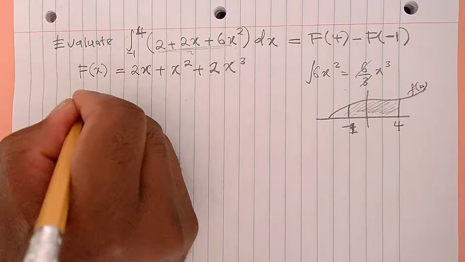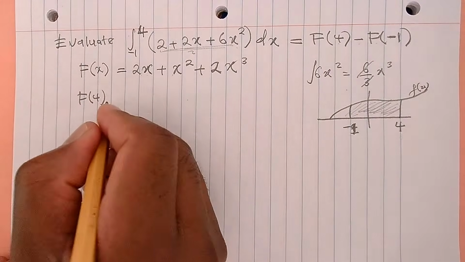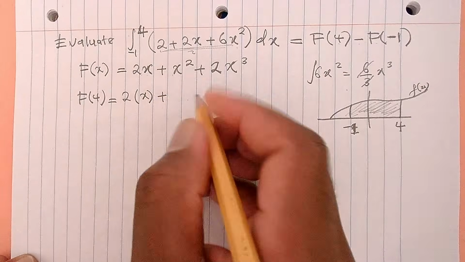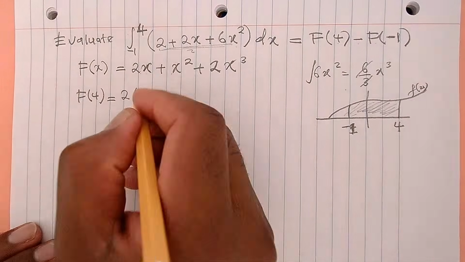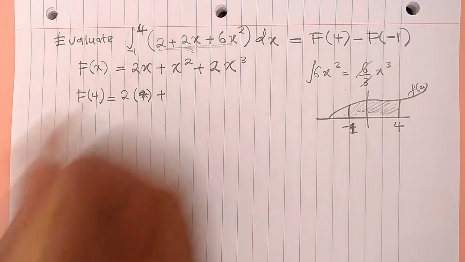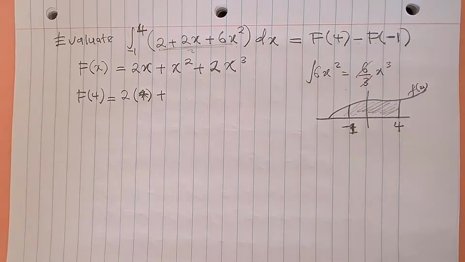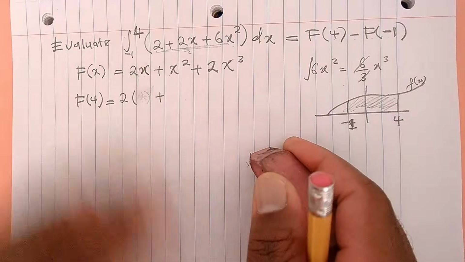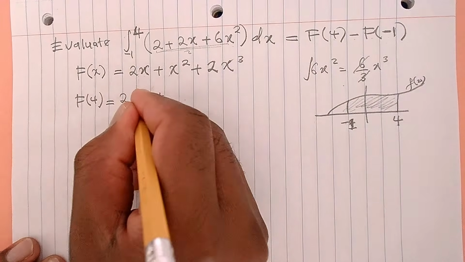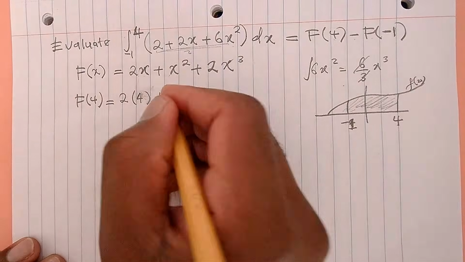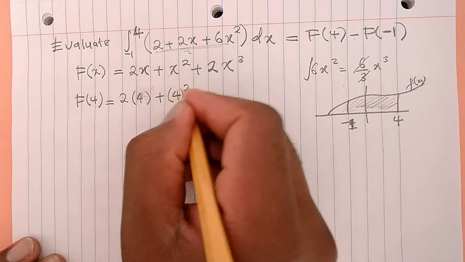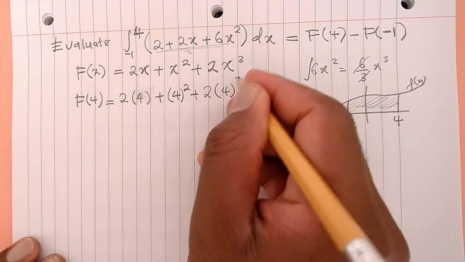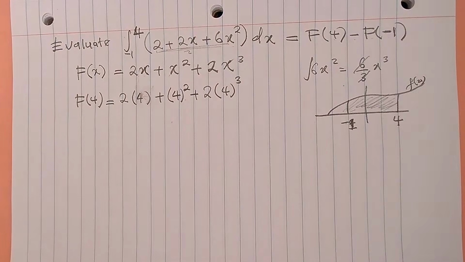Okay, so let us go ahead and find F of 4. F of 4 is just 2 into x, into 4, sorry, I meant to write 4 here. Where's my eraser? Okay, so this is just 2 times 4, plus 4 squared, plus 2 times 4 to the power 3, I'm just substituting.